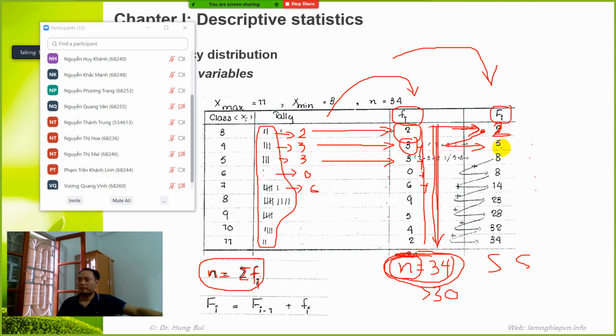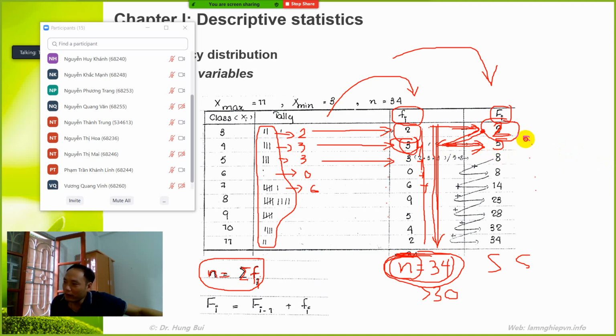So write it down. Yes, 5. Very easy. 2 plus 3 equals 5. Easy. Right?